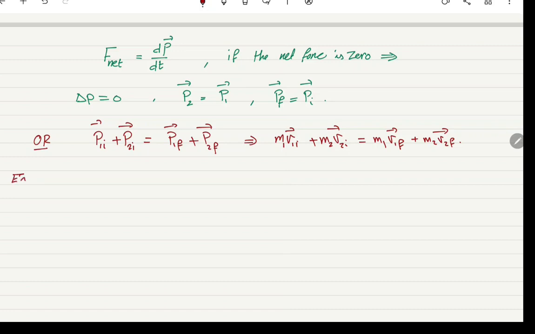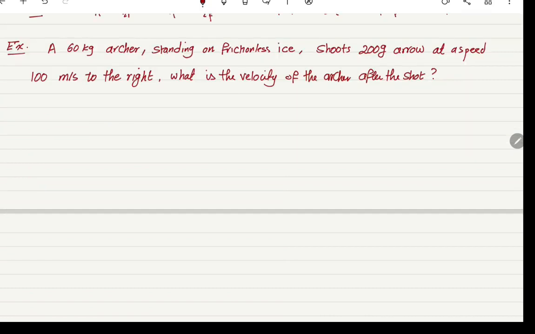Example: a 60-kilogram archer standing on frictionless ice shoots a 200 gram arrow at speed 100 meters per second to the right. What is the velocity of the archer after the shot? Now we look for the velocity of the archer after he shoots an arrow.